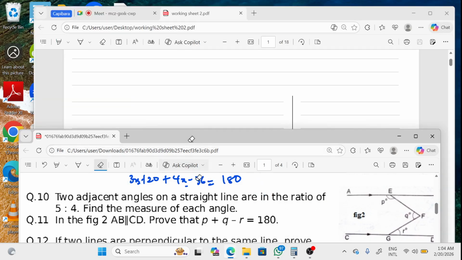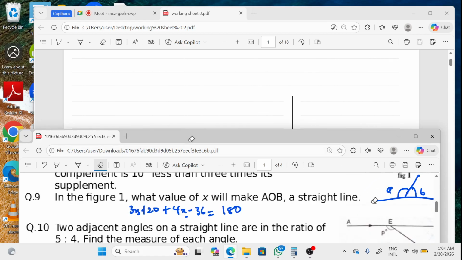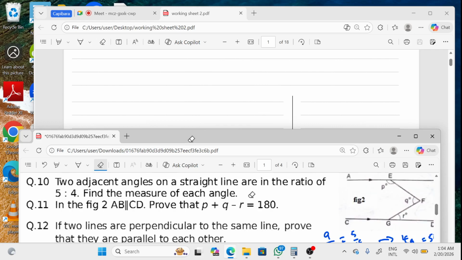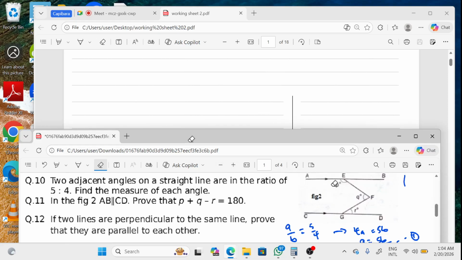Okay, so beside two adjacent angles. No, question 11. It said in figure 2, line AB is parallel to CD. Do you see that? Line AB is parallel to CD, and okay, so this line AB and this is line CD.